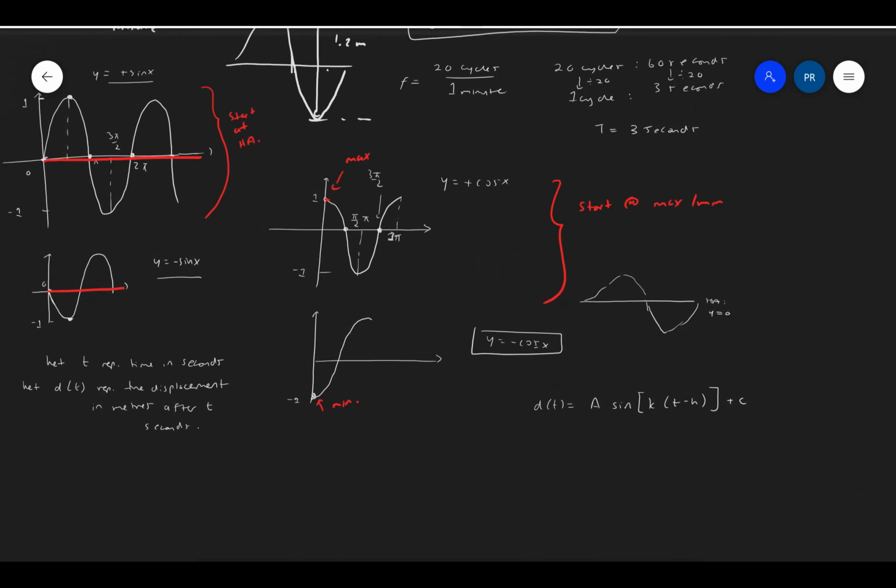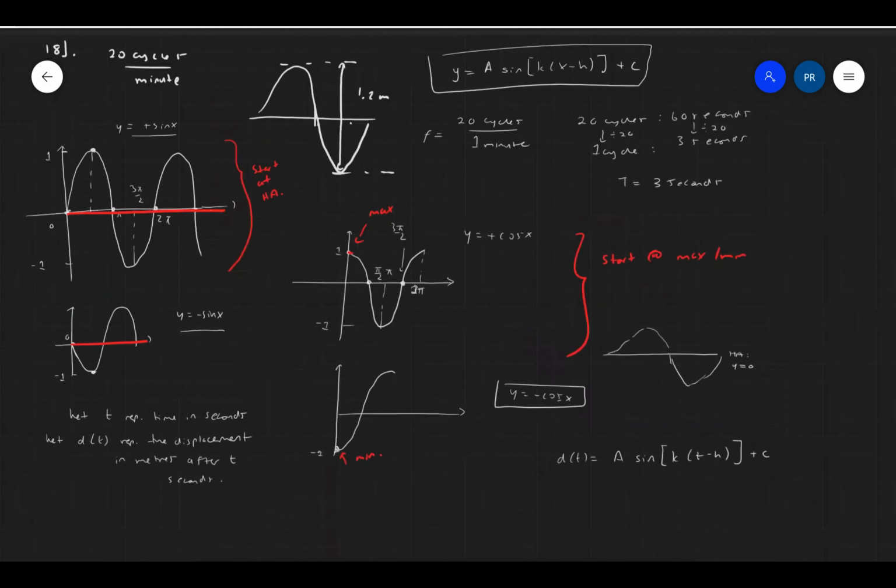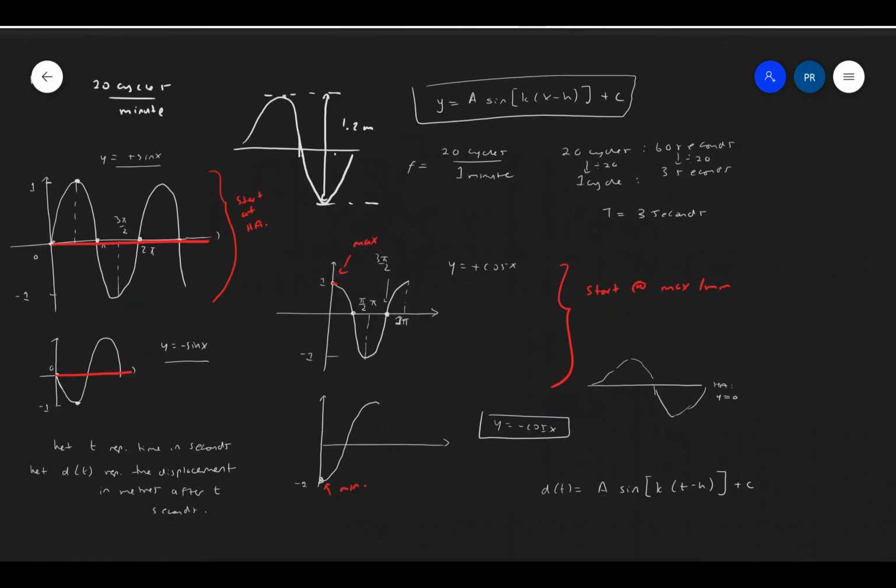In this scenario, we know that the distance between the highest point of the wave and the lowest point of the wave is 1.2 meters. As a result, this distance here, let me show you in a different color, from the horizontal axis, which is in red, the halfway point, to the maximum, is 0.6 meters.